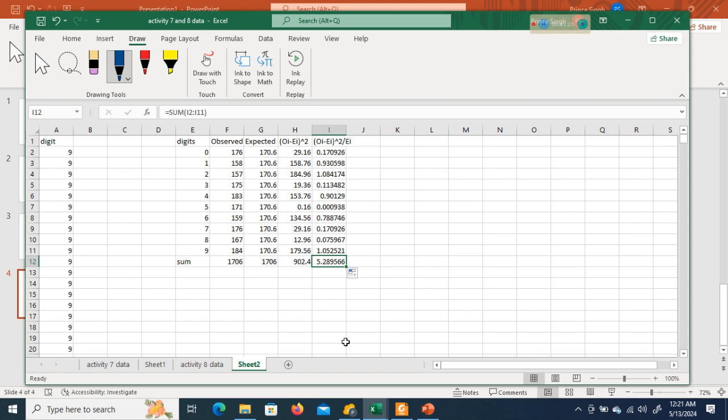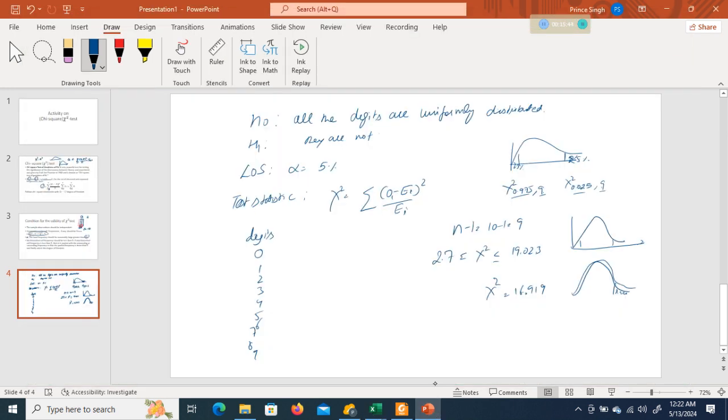So what is the value of chi-square here? The value of chi-square comes out to be the summation of observed minus expected square upon expected. It comes out to be 5.28956.